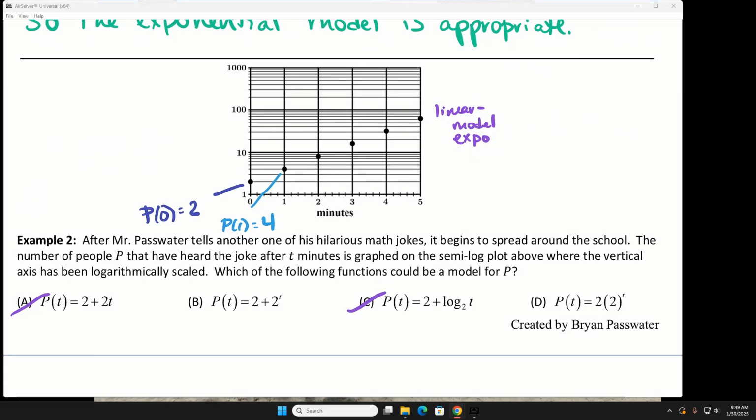So for the correct answer, we should be able to put 0 in and get 2, and put 1 in and get 4. And so you can probably do that in your head. So that ends up being 2 plus 1, which is going to be 3. So it's not going to be B.